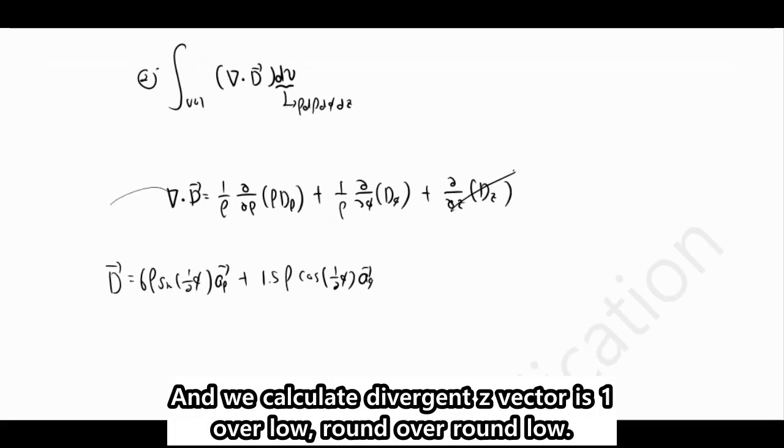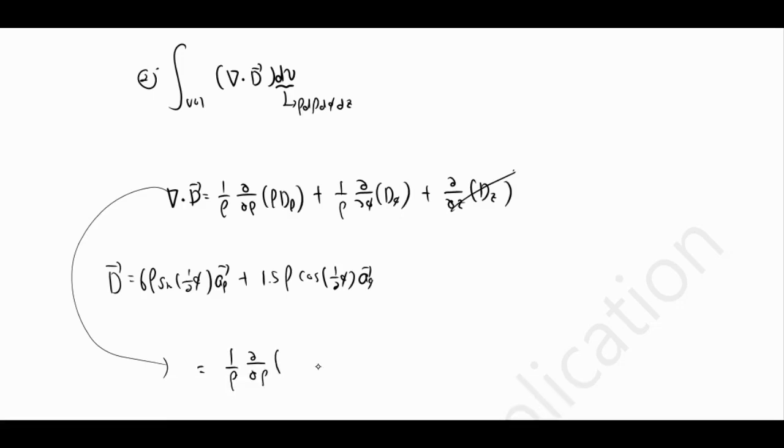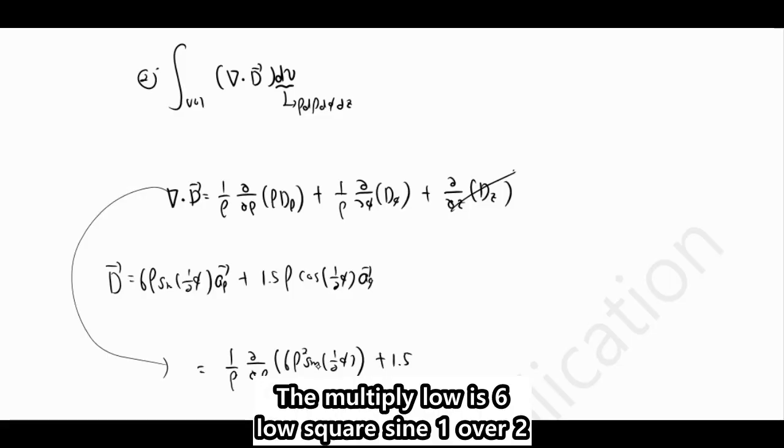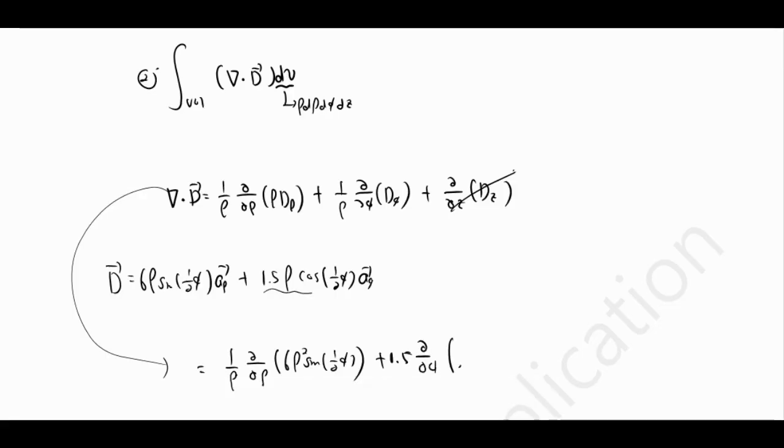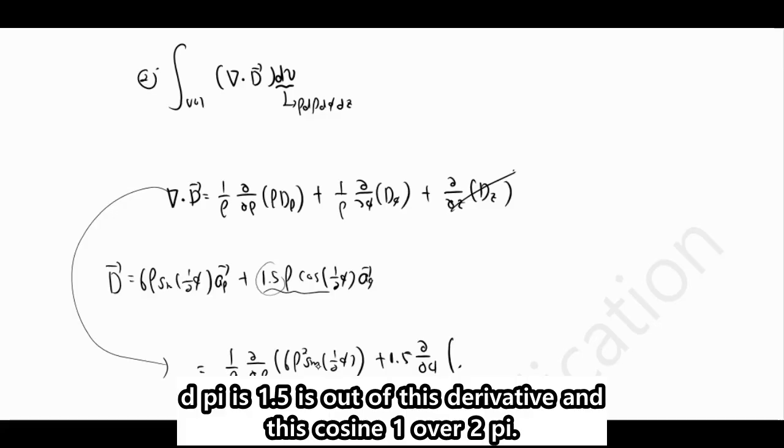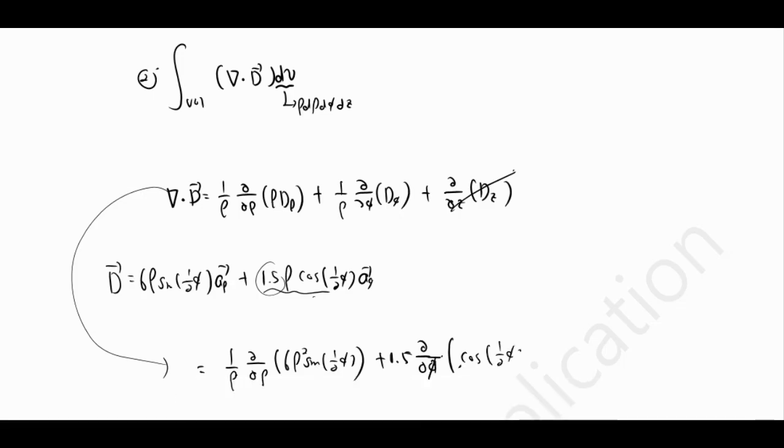We calculate the divergence of D: 1 over rho partial over partial rho of rho times 6 rho squared sine(1/2 phi), plus 1.5 times partial over partial phi. The 1.5 is outside of the derivative, and this cosine(1/2 phi).